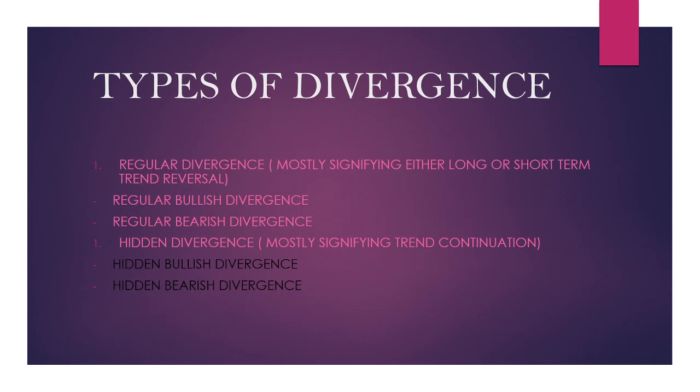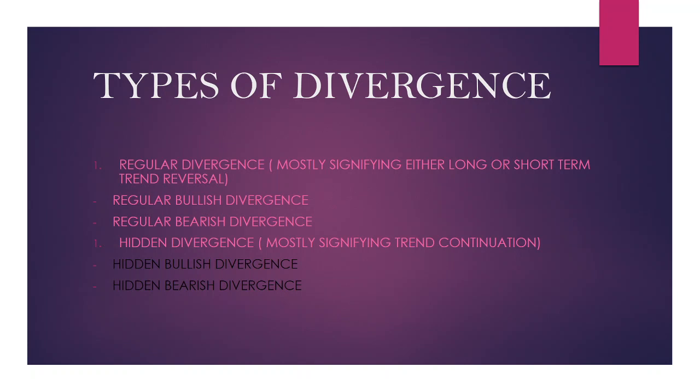Alright, so we have types of divergence. We have the regular divergence, which mostly signifies either a long or short-term trend reversal. We have two types of regular divergence: the regular bullish divergence and the regular bearish divergence. The second type of divergence is the hidden divergence, which mostly signifies trend continuation.